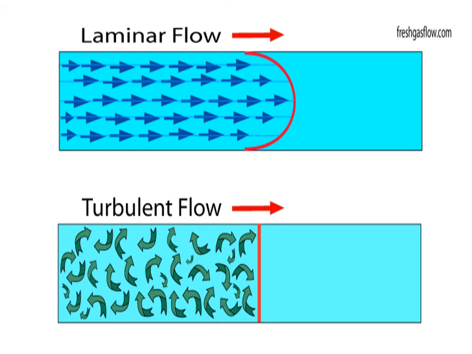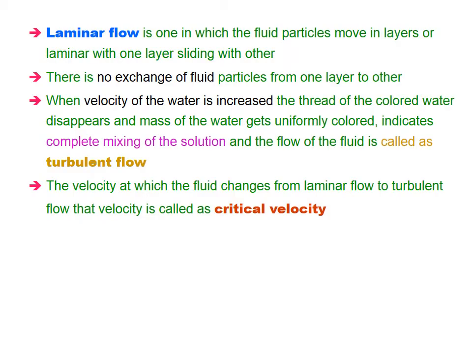In this similar diagram, in laminar flow the water is moving through a layer, but in turbulent flow water does not move through a layer, it is moving haphazardly.